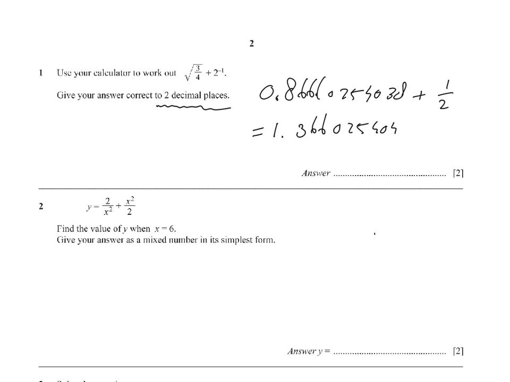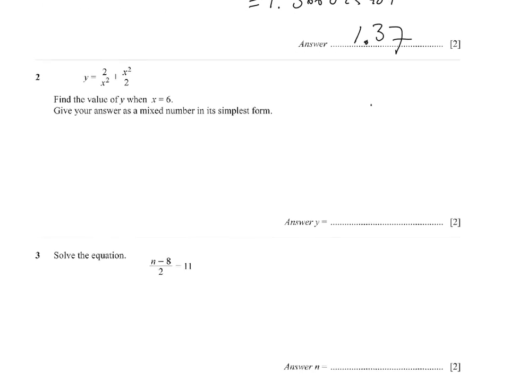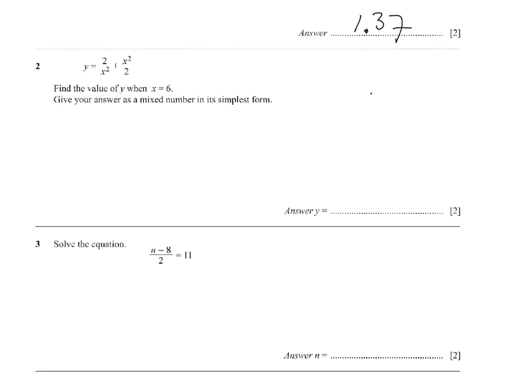And I always suggest that you give the entire non-rounded answer first, after which you round to 2 decimal places. So the 6 becomes a 7 because of the next decimal, so 1.37.